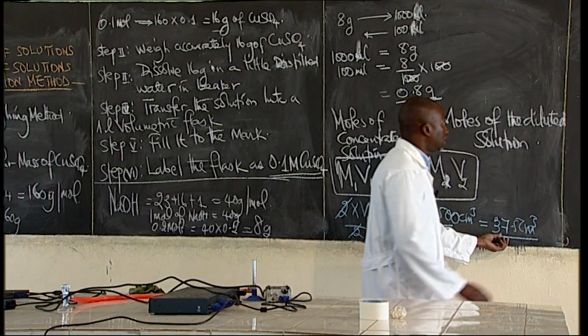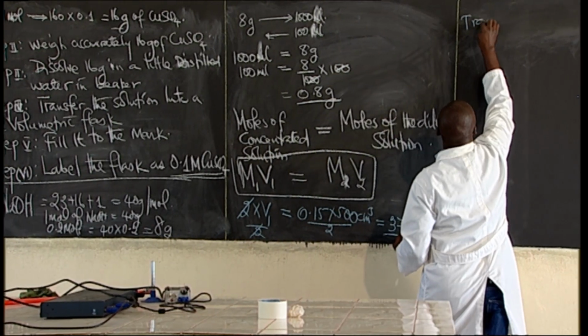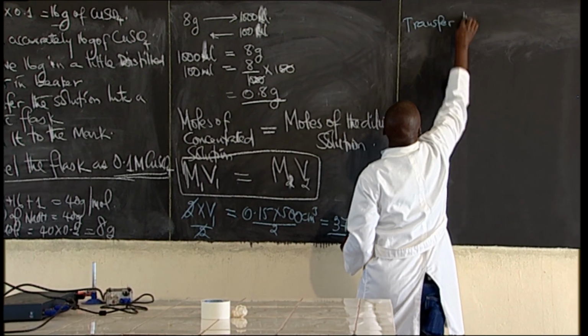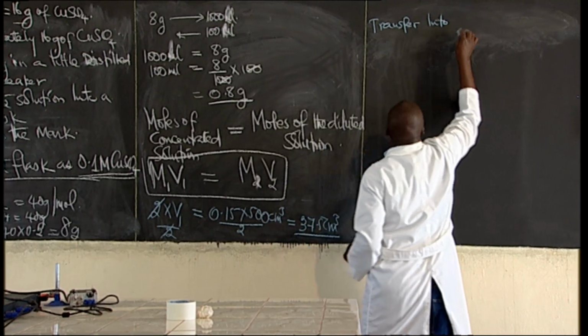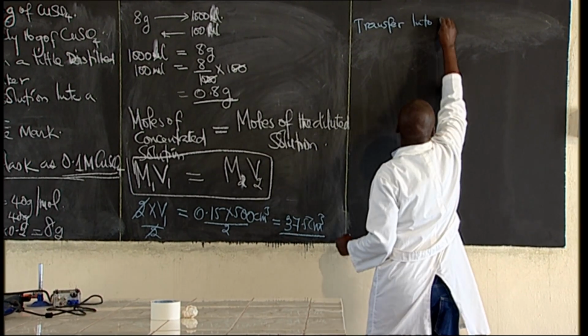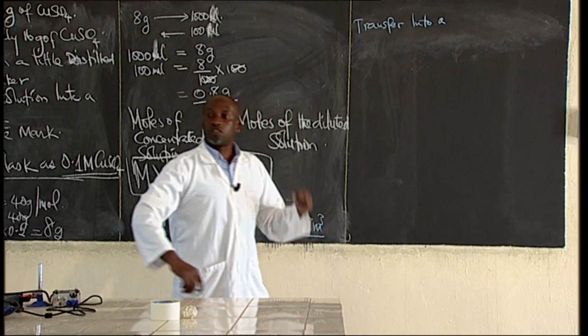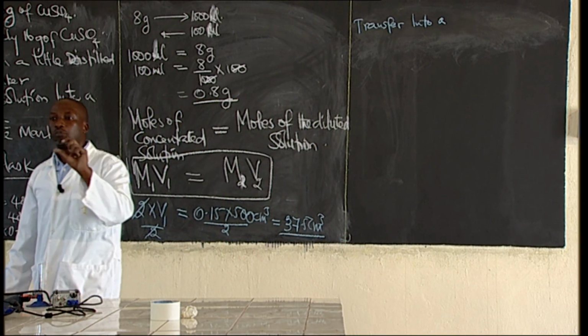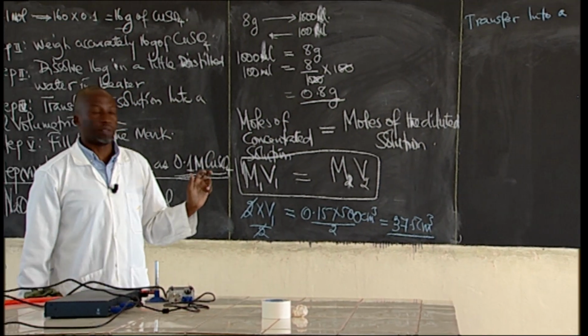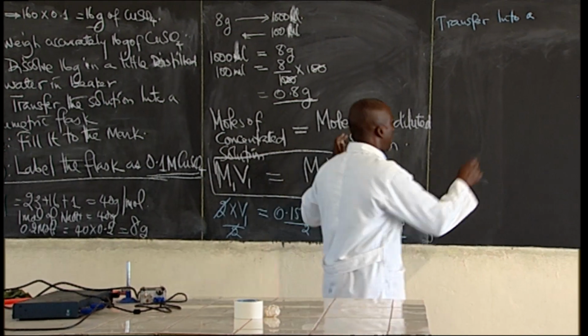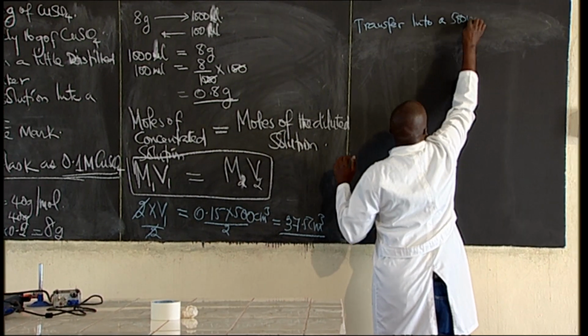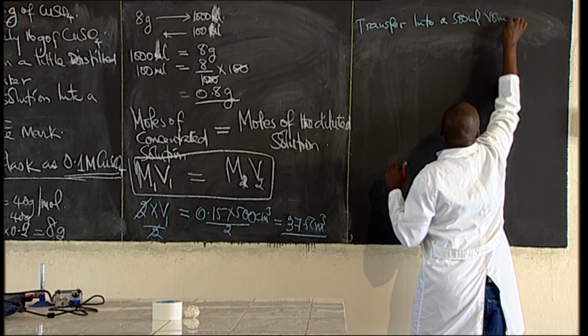After measuring this, transfer it into a volumetric flask. Now, this volumetric flask must be 500 cubic centimeters. So into a 500 milliliter volumetric flask.